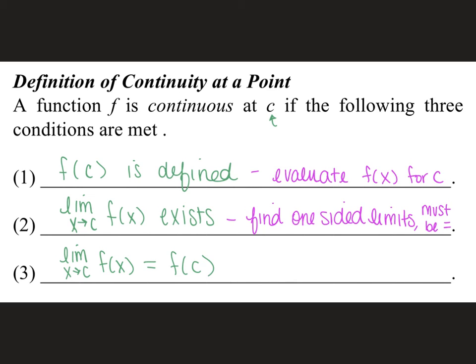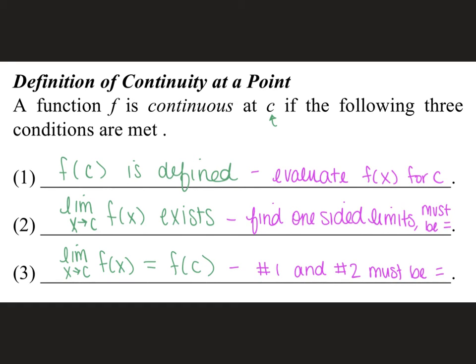So whatever your condition was from step one. So that's really the idea here, is that after you find your information for step one, and then you find your information for step two, they must be equal. So number one and number two must be equal.